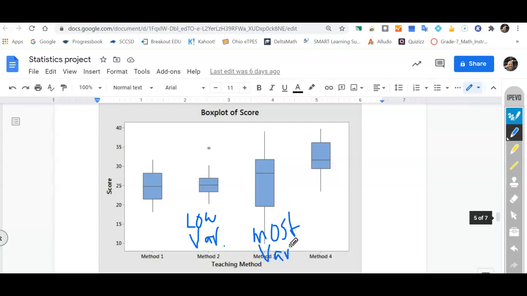Now, does that mean that method 2 is the best? We don't know what these are methods for. We don't know what we're scoring, do we? So let's say we are trying to train our dog to go potty. All right, we're trying to train our dog to go potty. Well, which one would you say is the best method for training your dog to go potty?